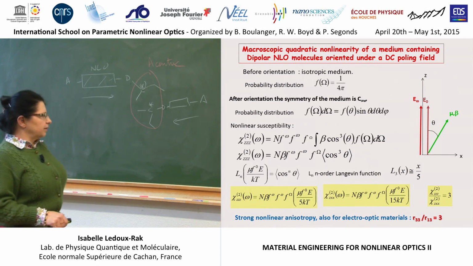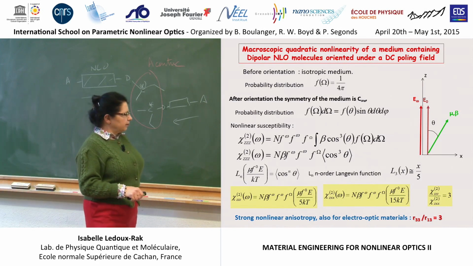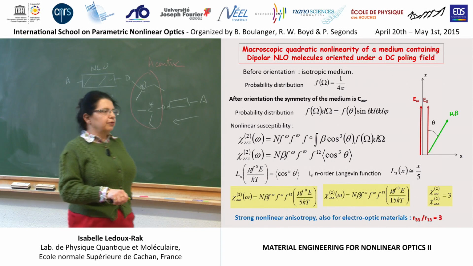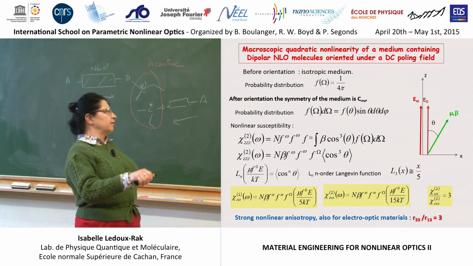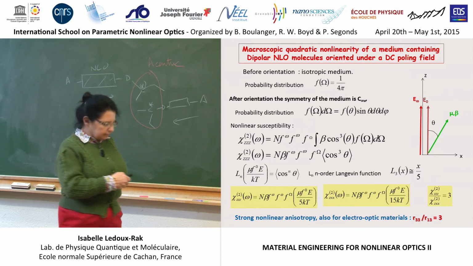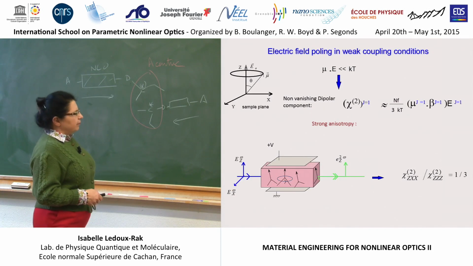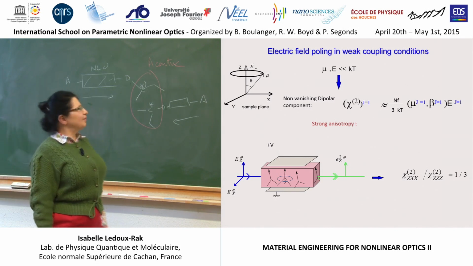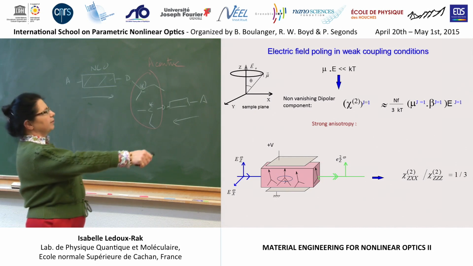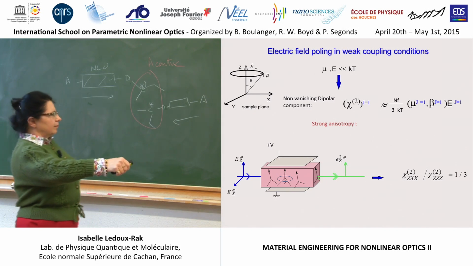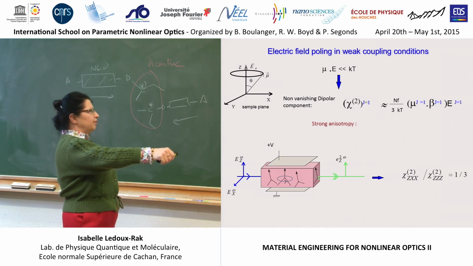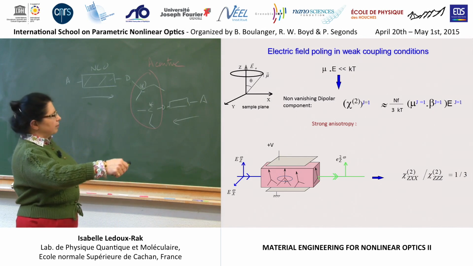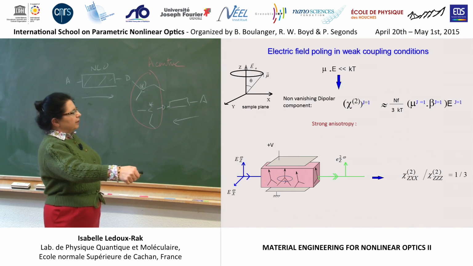The result is that the material is strongly anisotropic, not only for linear optics, but also and much more for the nonlinear electro-optic response, the nonlinear response being 3 times higher along the poling field. So we can give a more compact description of this process by using the tensor decomposition of beta, and we consider only the dipolar part of beta in the approximation of low poling fields.